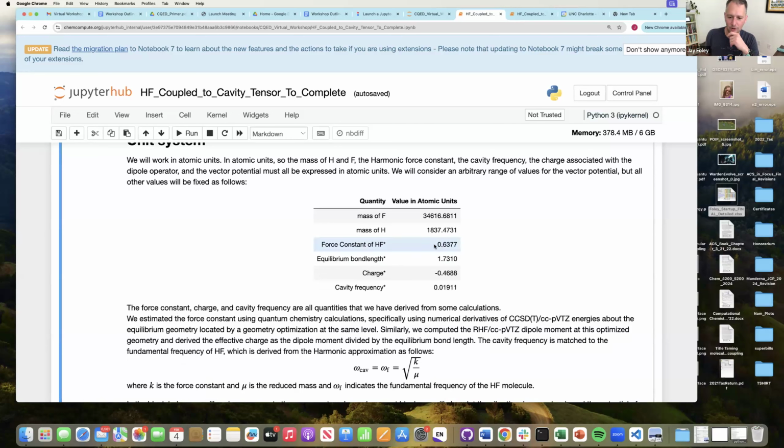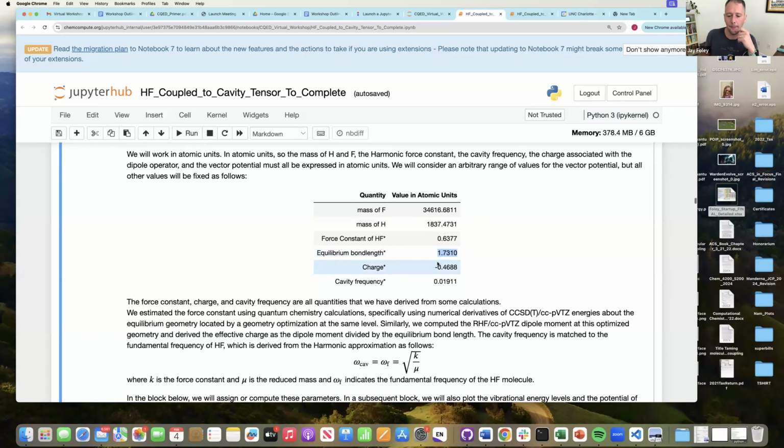This is the number we came up with, also in atomic units. And then the equilibrium bond length, also in atomic units, is 1.73 atomic units. The conversion to angstroms, you'd want to multiply that by 0.529-ish, and you'd get the number in angstroms.